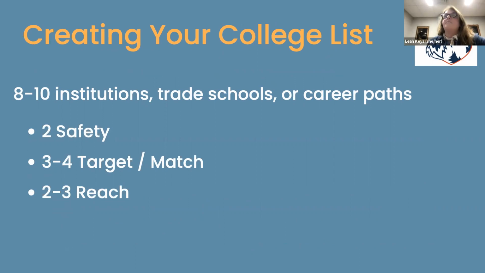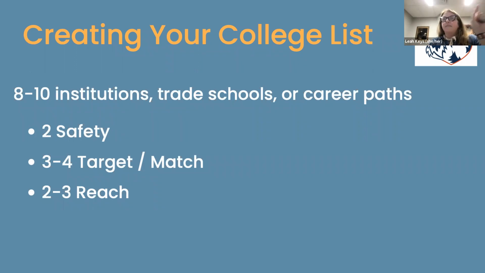And that total can be reached a number of different ways, as you can see in the examples and the categories below it. But basically what you want to create is a list of 8 to 10 institutions, which can be a 2-year college, a 4-year college, a trade school, a career path, a military path. It can be any combination of those things, okay?